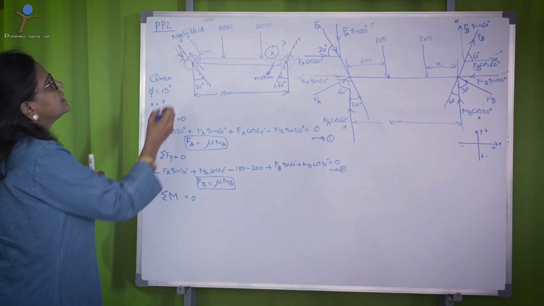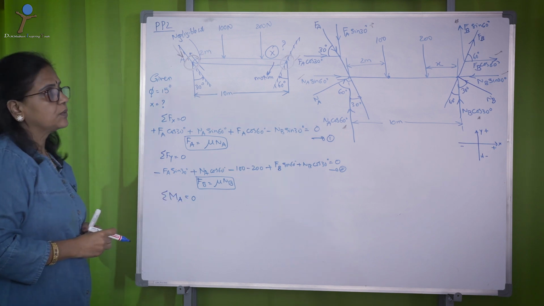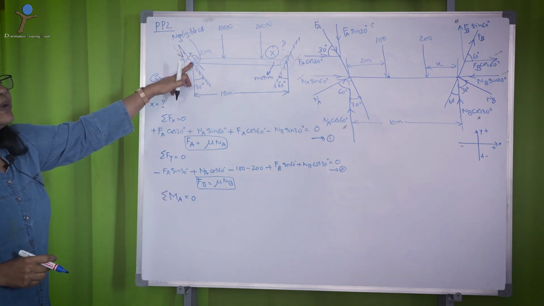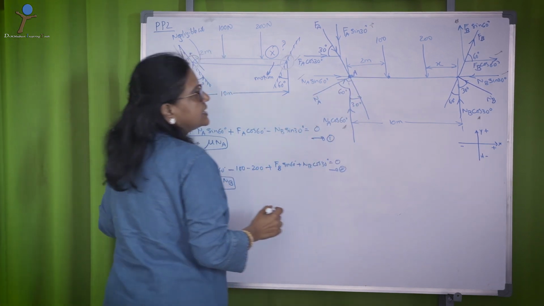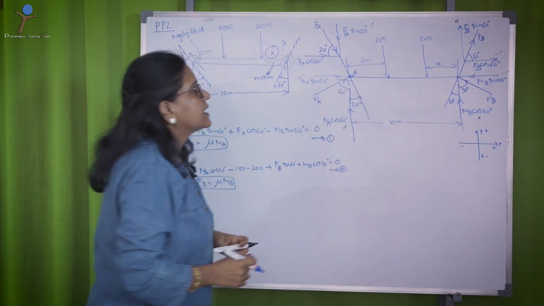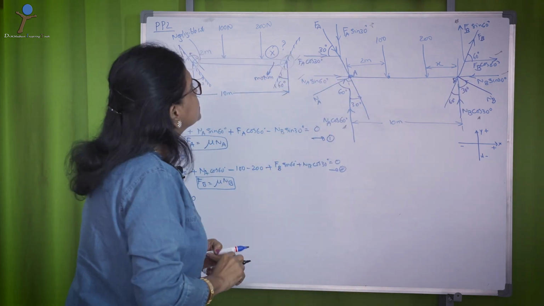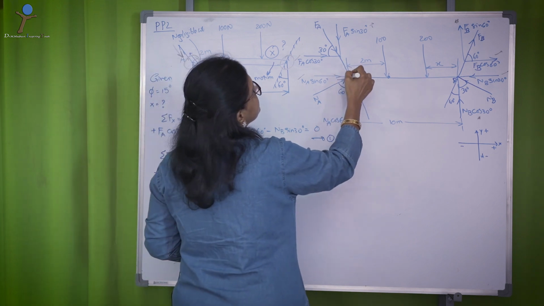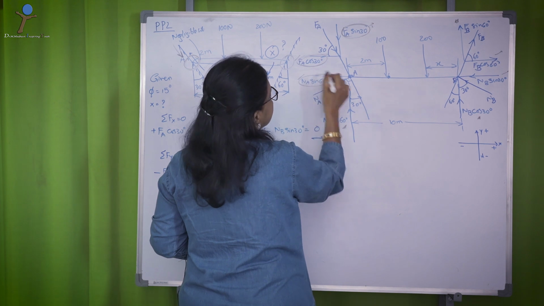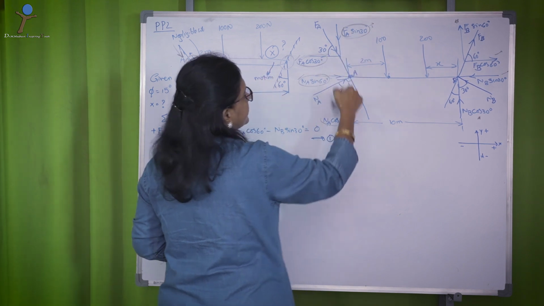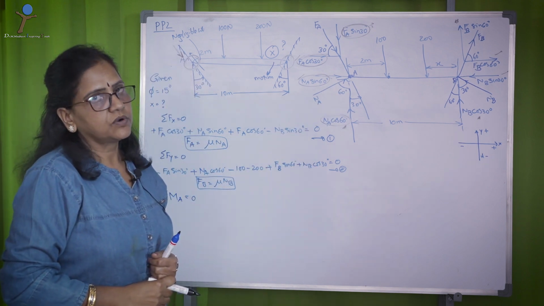So, let me consider A for moment, MA equal to 0. So, if I have to take moment about A, that is this point, let me see what are the forces that are actually contributing to the movement about A. These forces cannot contribute because they are all lying on the same axis of moment center.